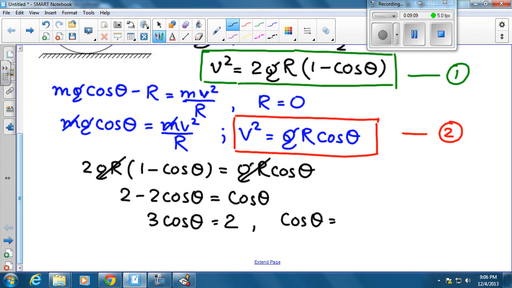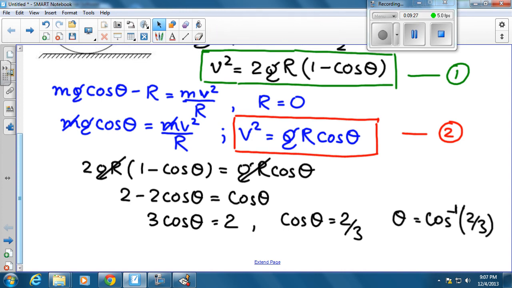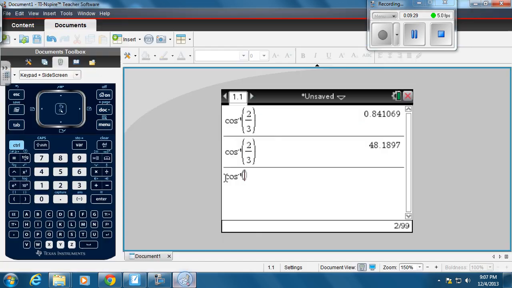and so obviously you get cos theta equal to 2 over 3, and then we could use a calculator and use theta as the cos inverse of 2 over 3. I could use the calculator to see what the value of theta is. So here you get cos inverse 2 over 3, that's 48.18 degrees.